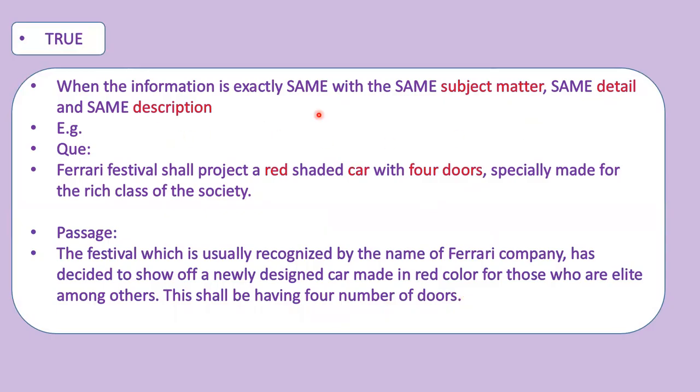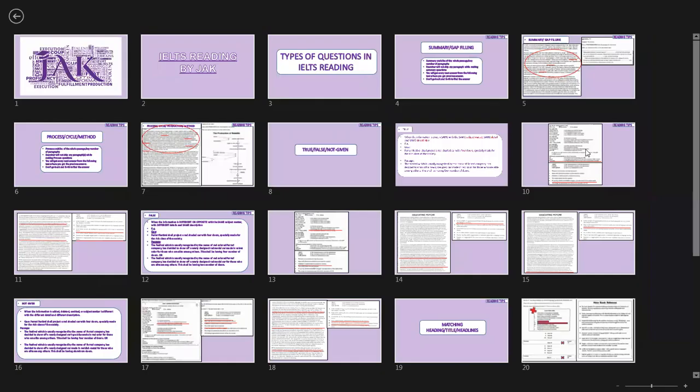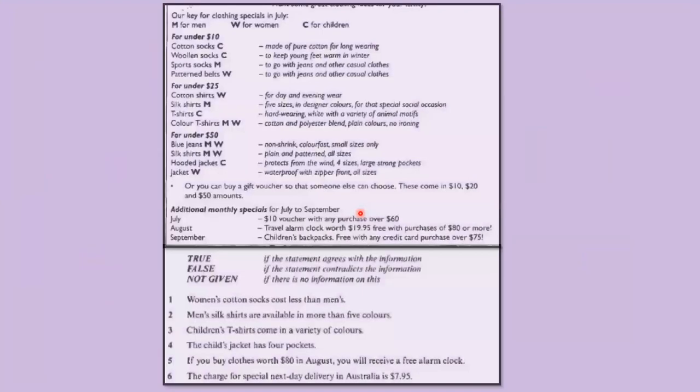Description is number of doors, detail is 4, description is number of doors, and detail is 4. So it's going to be absolutely correct and exactly the same thing. So that's going to be what? True. Let us practice this together on a passage.